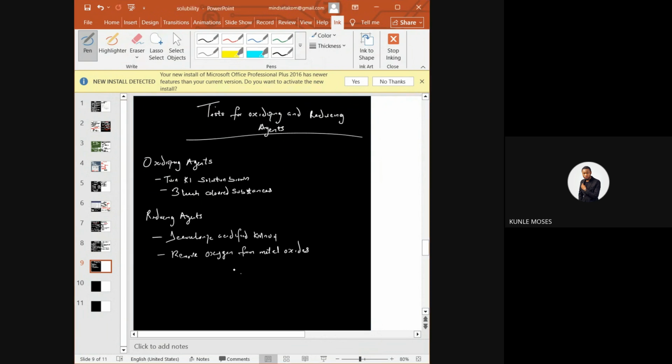They ask you which of the following is an example of a redox reaction. Let me just give you that. It's possible we move to another topic after now.